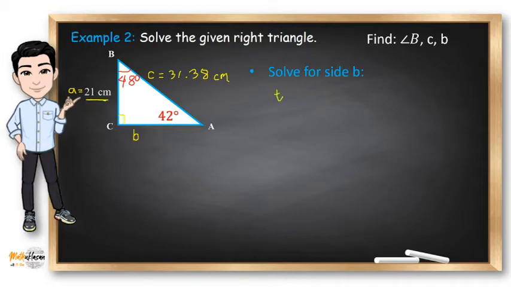So, tangent 42 degrees is just equal to opposite over adjacent. So, ang ating opposite dito ay 21 centimeters again. And our adjacent side is B, which is the missing side. Again, by doing the cross multiplication, we can solve for B.